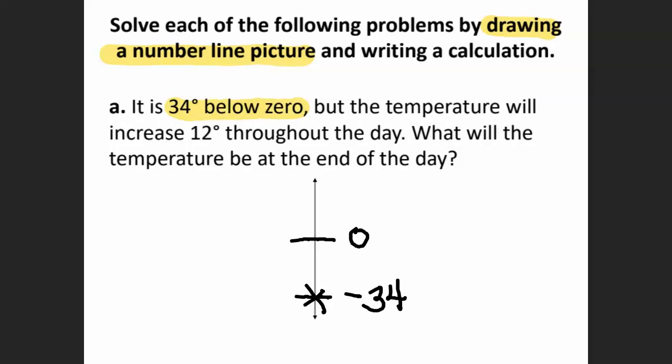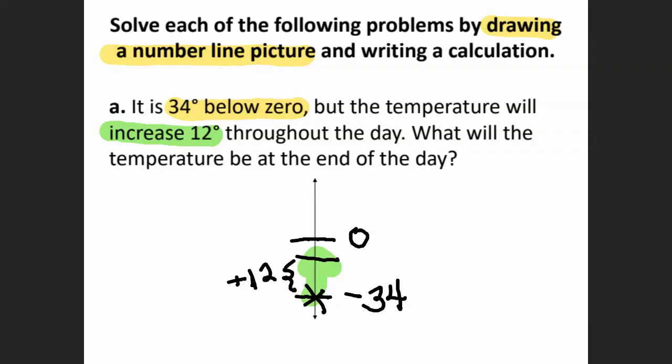It is 34 degrees below 0. But the temperature will increase 12 degrees. Now, increase means you're going up 12 degrees. That means we're going up 12 degrees. Now, what will be the temperature at the end of the day?